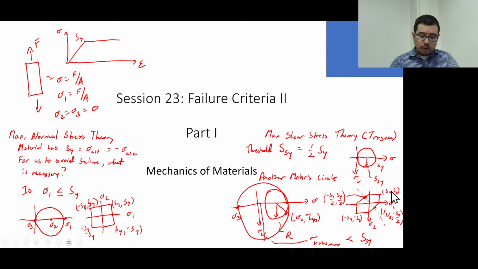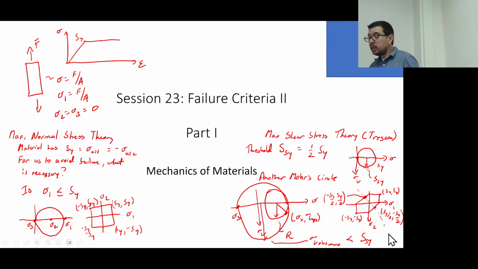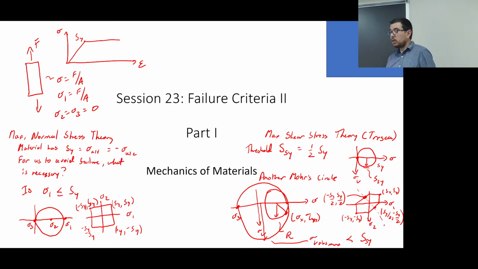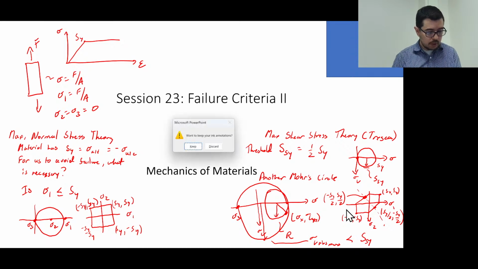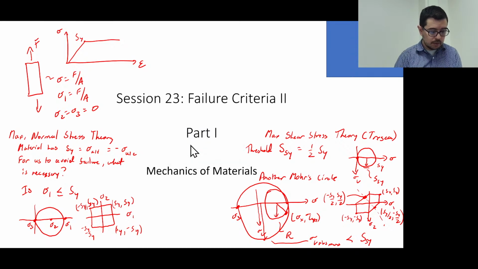So if you have pure shear, you're going to be on this line that has a slope of minus 1. And if you look at your sigma 1 and your sigma 2, it's going to correspond to this. So pure shear is an interesting situation. Let's just talk about that for a second.